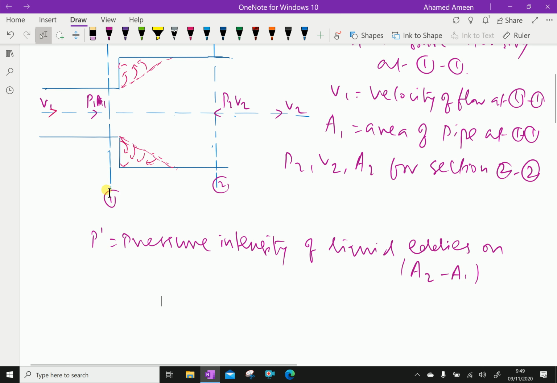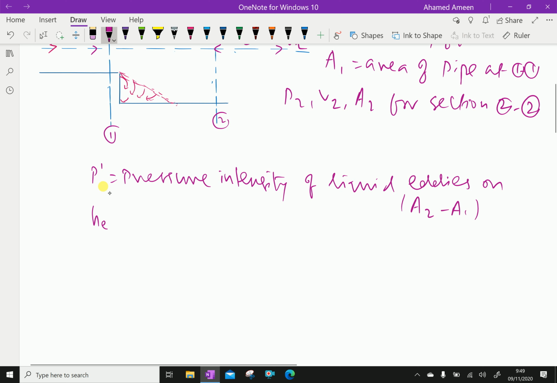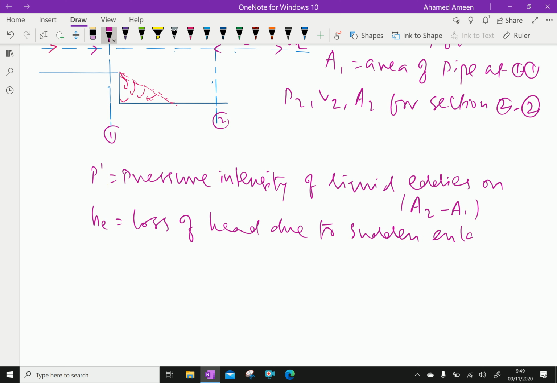Now let HE be the loss of head due to sudden enlargement.